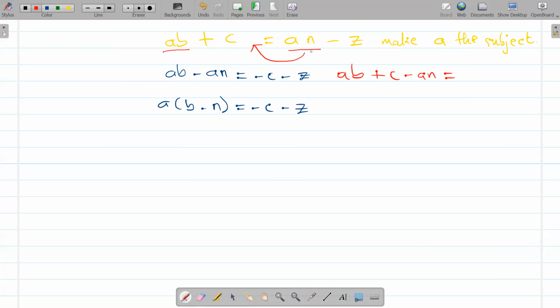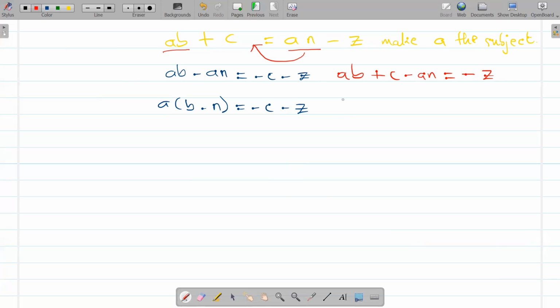But at this side, we have AB, we have C. So we want to bring this AN to the other side of the equation. This is positive, so it becomes negative. So we get negative AN here. Is it okay now? Yes. Now the AN has moved, so we have what? Minus Z.